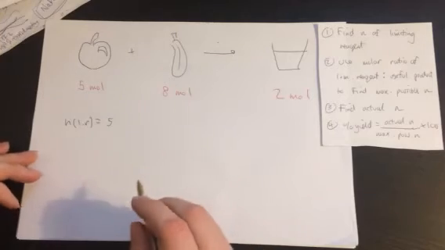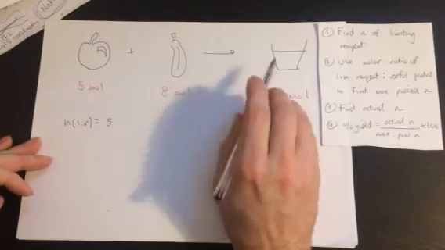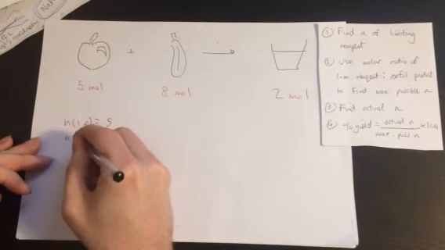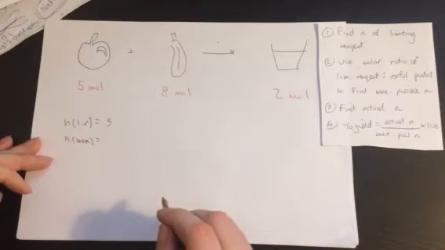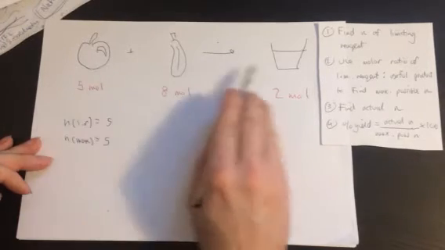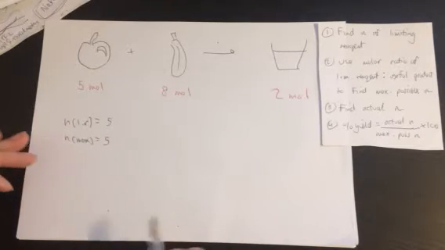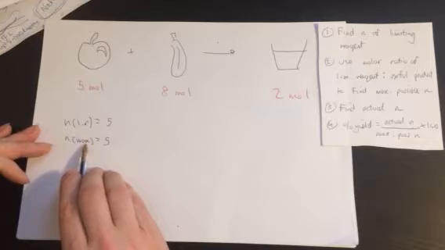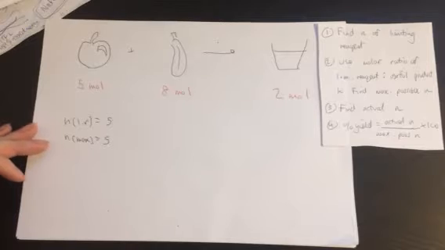So by looking at my molar ratio of limiting reagent to useful product, we can say the maximum possible moles of smoothie we should be able to end up with is 5. Because it's the same as the apples, right? For every 1 apple, you should get 1 smoothie. So this maximum possible moles is what you should get if you were a super perfect chemist and you did the practical perfectly with no loss.